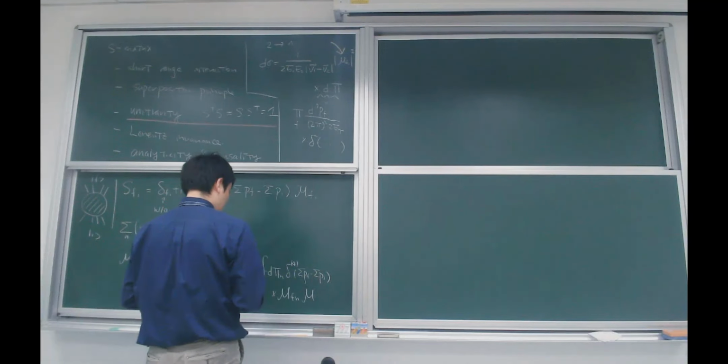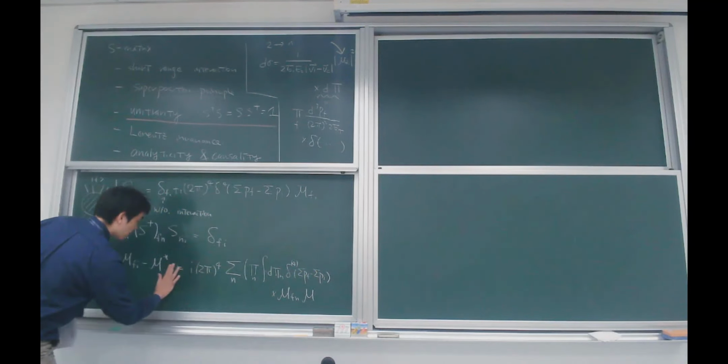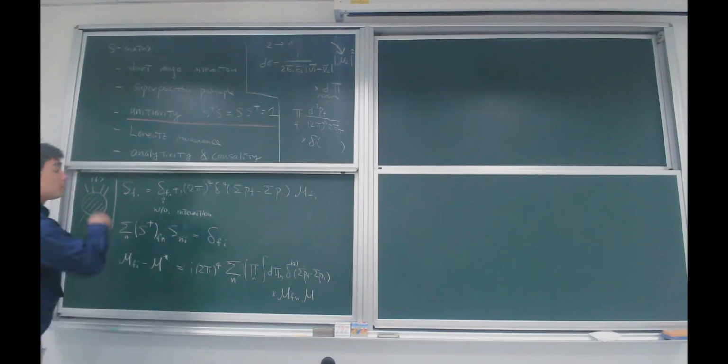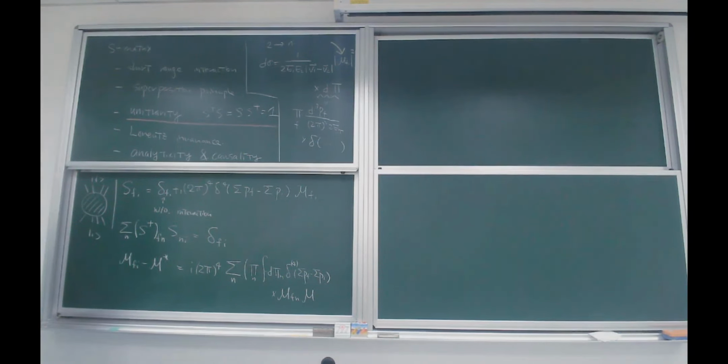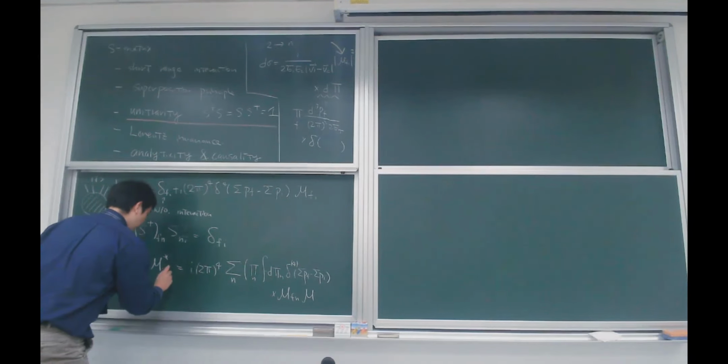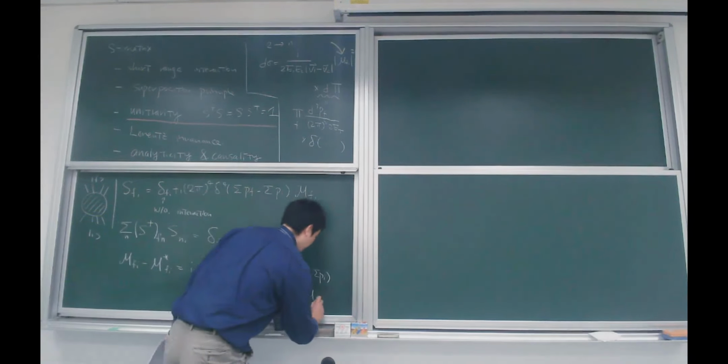Probably I should write it down this way: F_i and then N_i.